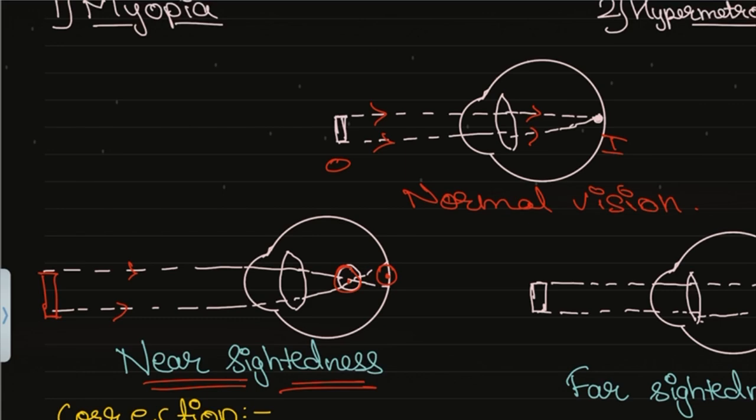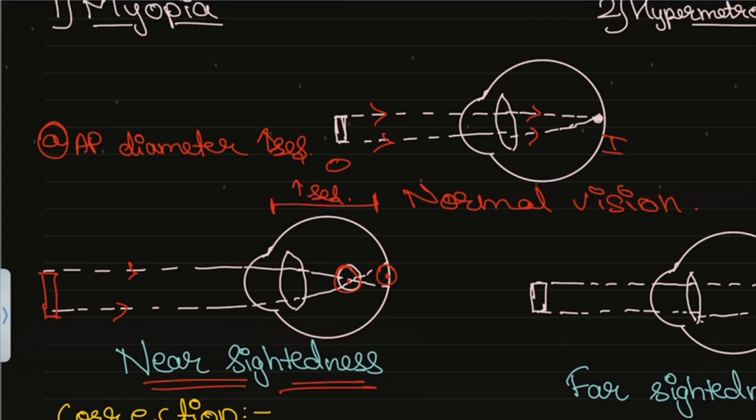This defect can mainly happen due to two things. First, the anterior posterior diameter of the eyeball increases. That is, if the distance between the lens and the retina is increased, the image will form in front of the retina.